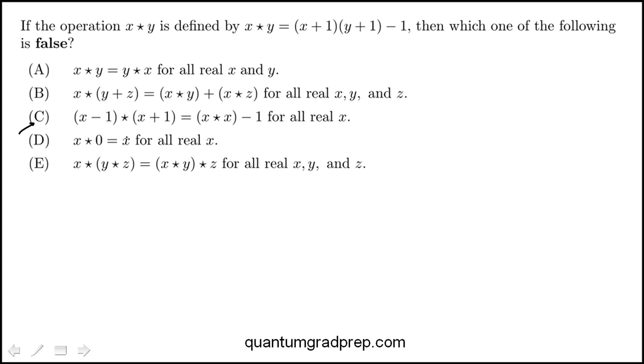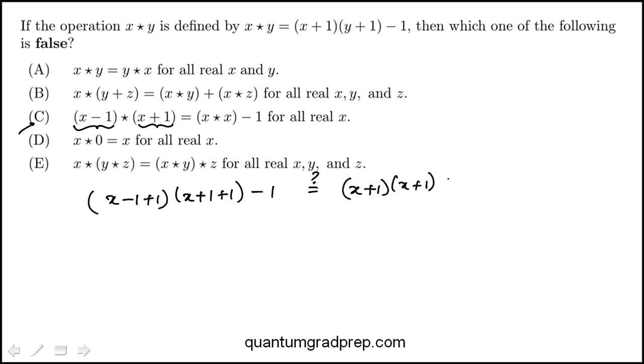I'll go to C. So this is our x, this is our y. So this is x minus 1 plus 1. X plus 1 plus 1 minus 1, and the question is, is that equal to x plus 1 times x plus 1 minus 1, and then don't forget this minus 1, because this minus 1 is coming from that operation.